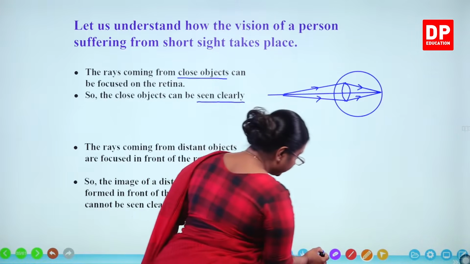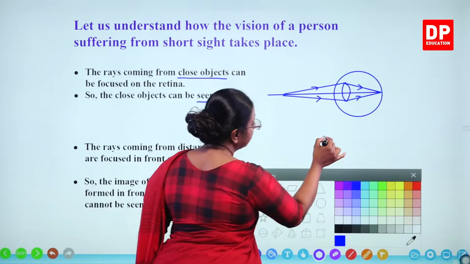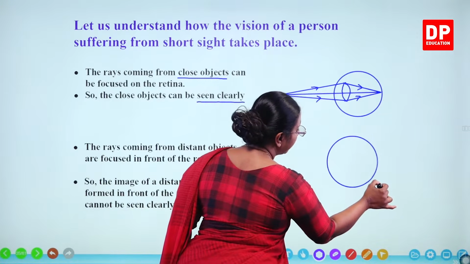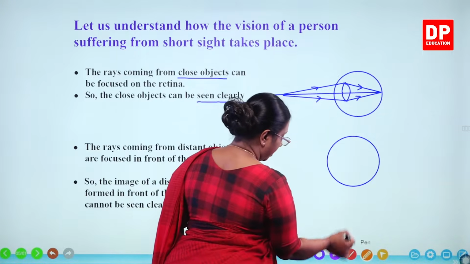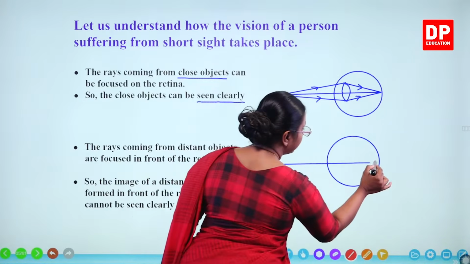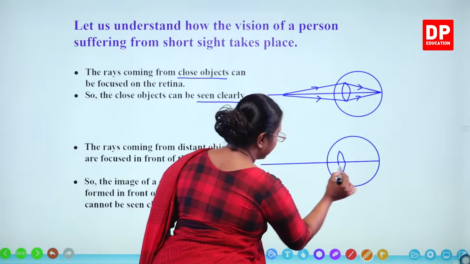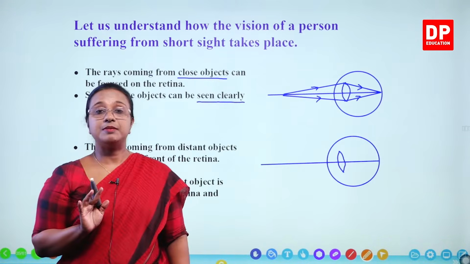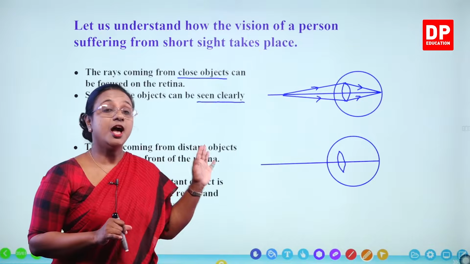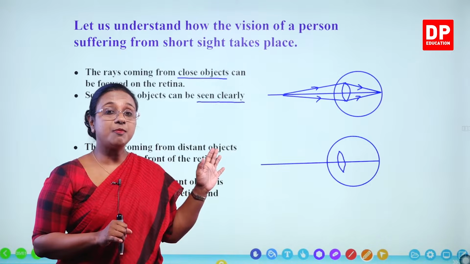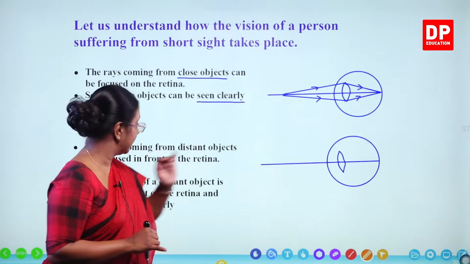But what happens if they try to focus the image of a far object? Now again, this is the eyeball. That is the lens there. So now the problem is with the far object. How do the rays come from a far object? They come as parallel rays.